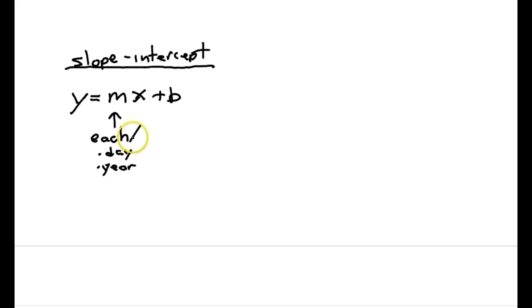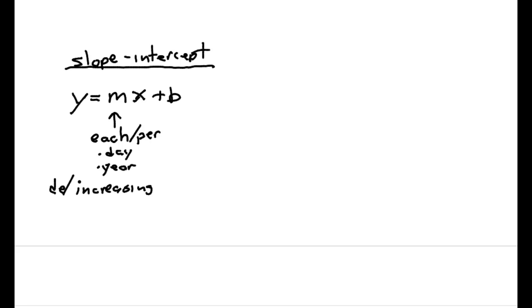Another way of saying it would be per day, per year. Something that shows it's increasing or decreasing, how much is going up or down every month, year, something like that.